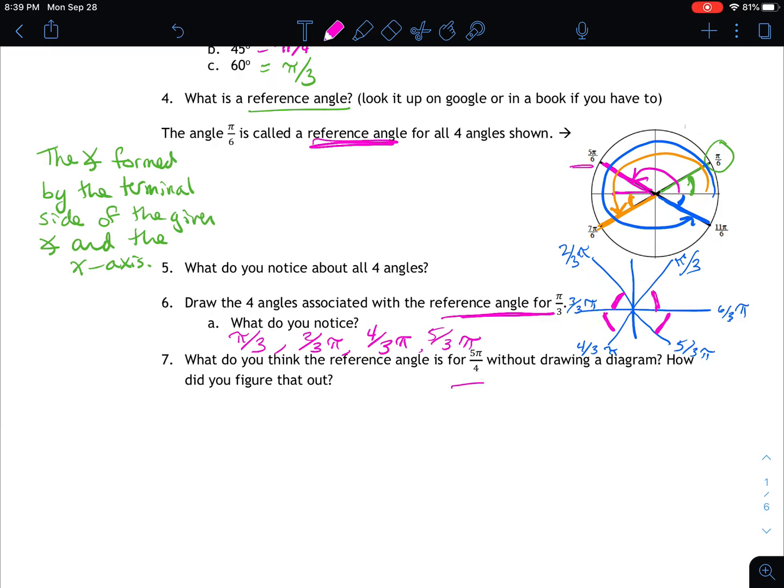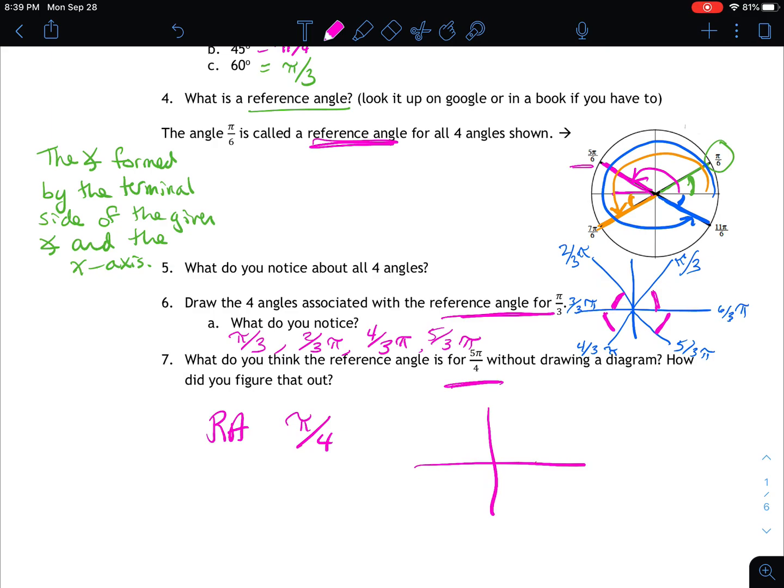Okay, the next part here is asking, what do you think the reference angle is for 5/4 pi without drawing a diagram? So look at 5/4 pi. We know that 4/4 is 1 pi. So we're going just over 1 pi. How much over am I going? 1/4. So the reference angle is going to be pi over 4.